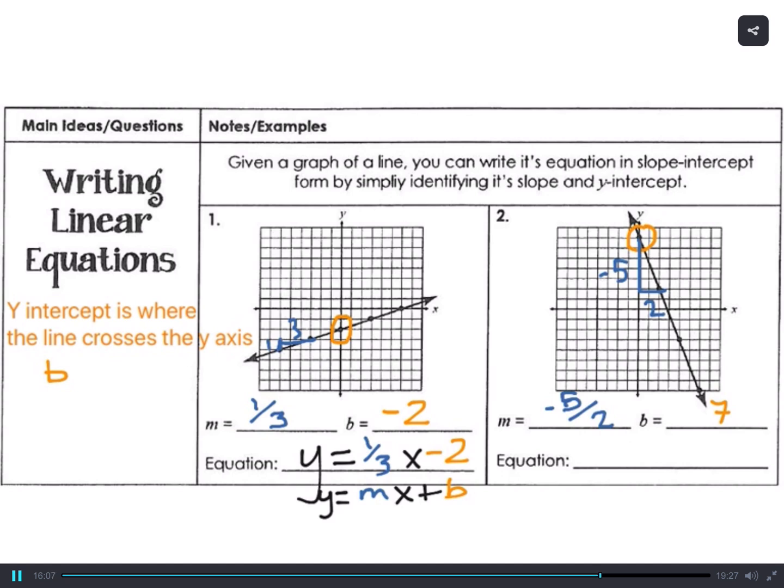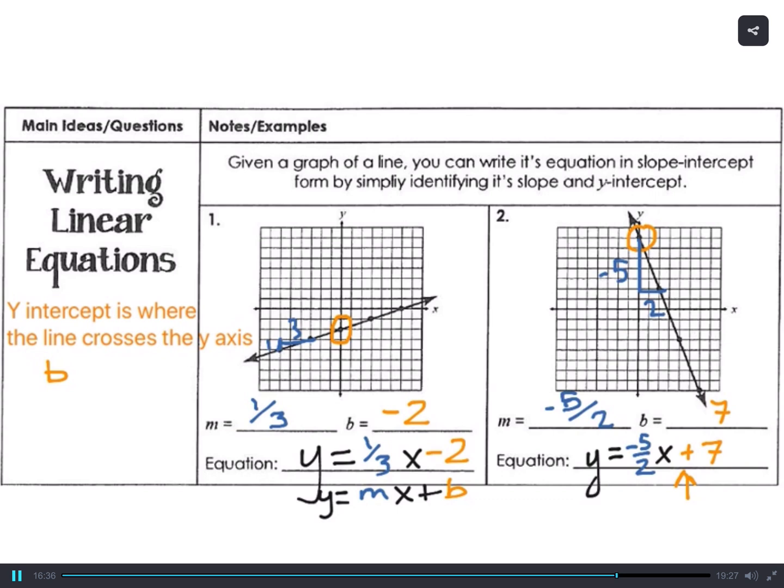So my equation will be y equals negative 5/2 x plus 7. Now, in this case, our 7 was positive. We do need to separate the 7 from the x variable with a sign of some kind. So if our number is negative, that will be a negative, and if our number is positive, then I have to put that plus sign there.